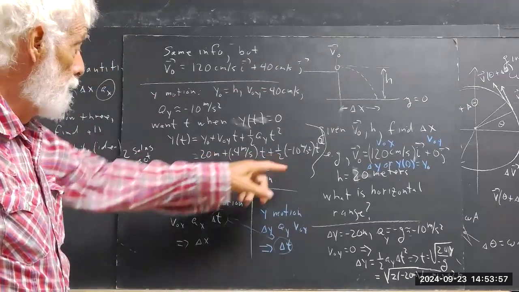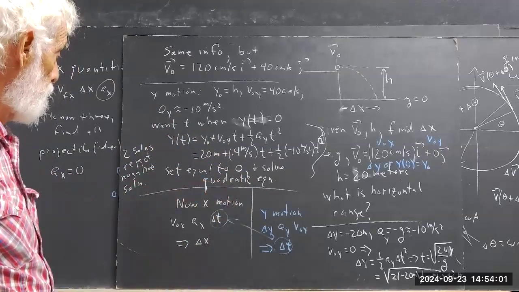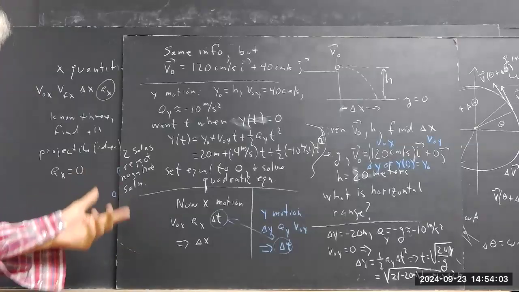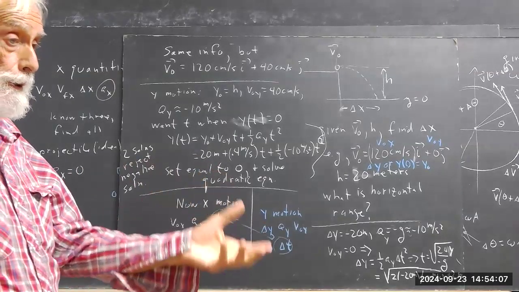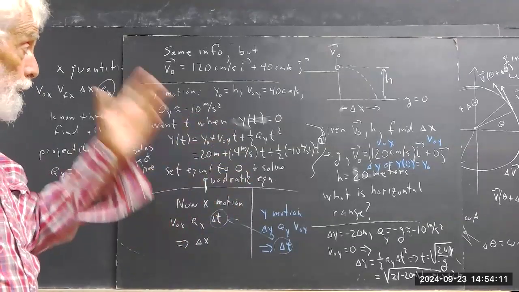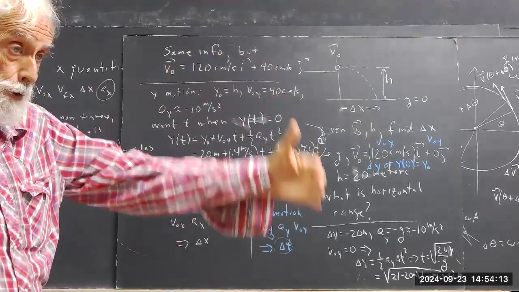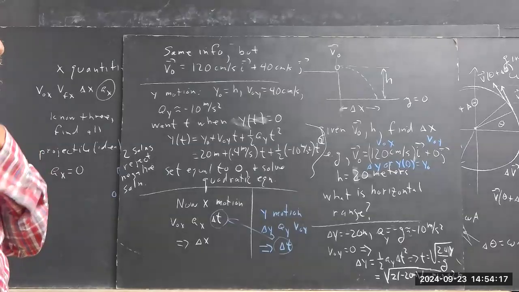You set this expression equal to 0 and get a quadratic equation. It has two solutions, and in this case one will be positive, the other negative. The positive solution is the one you want. It's going to take positive time for this thing to go up and come down.